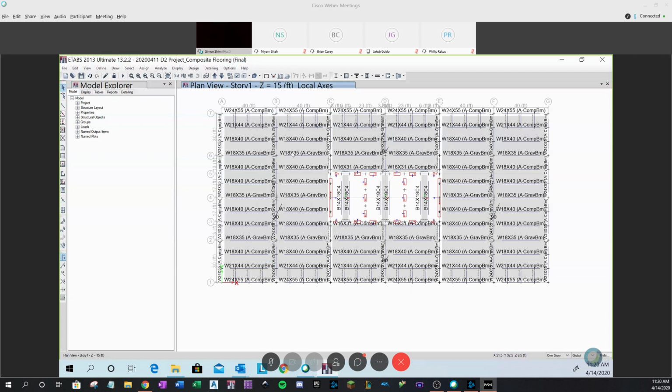For the metal deck, you could see that all directions are perpendicular to the filler beams, right? I'm referring to filler beams, and the girder is typically parallel. So this is the basic beam versus girder and slab relationship. Obviously, it depends on the load path, the sequence of the load.